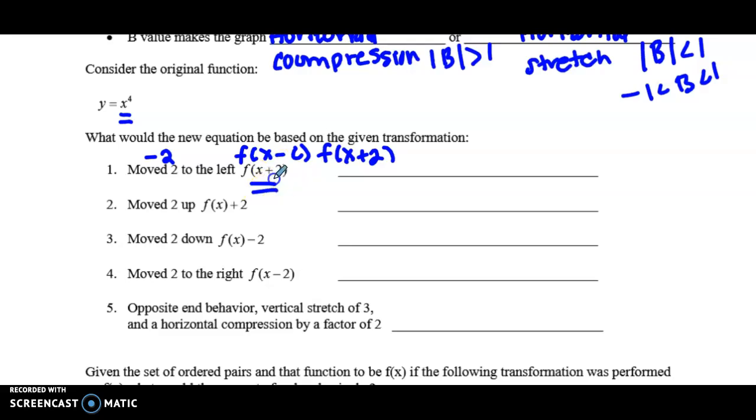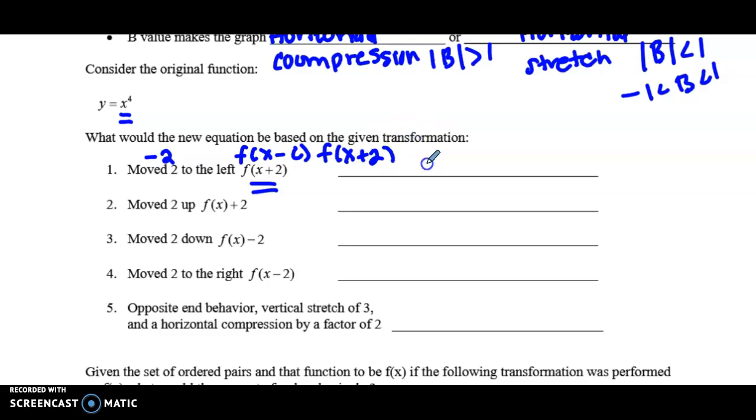This x plus 2 right here, remember, next to the x is always your horizontal movement, left and right. Now, we have our original function, which is x to the fourth. If I want to move it 2 to the left, that's your x plus 2.